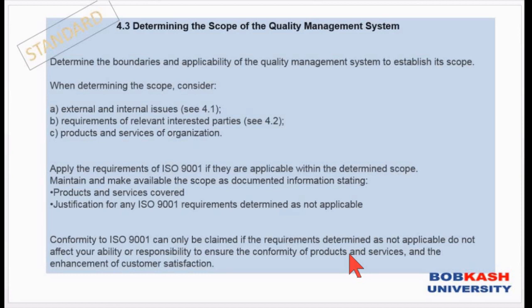You are not doing the design development yourself. So you can exclude in 4.3 that design and development is not covered in my QMS. But then you have to give a justification and ensure that this exclusion from the scope of the quality management system does not affect my ability or responsibility to ensure conformance of products and services as per the customer satisfaction.